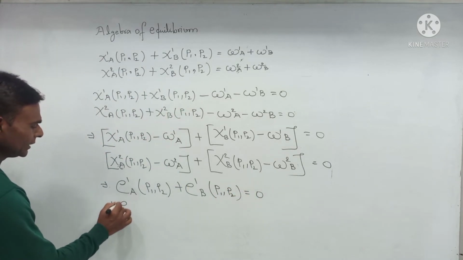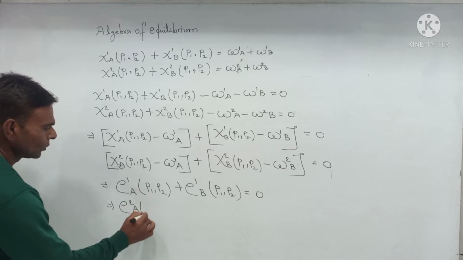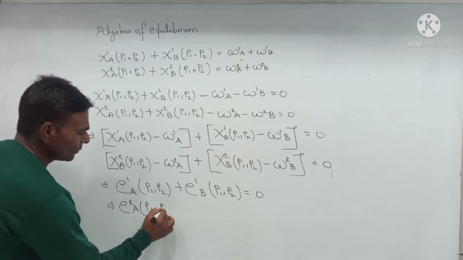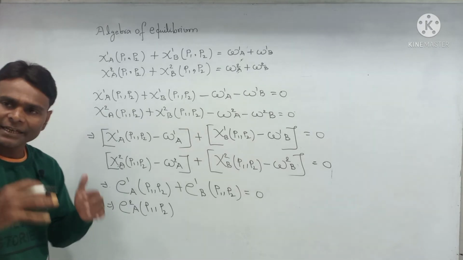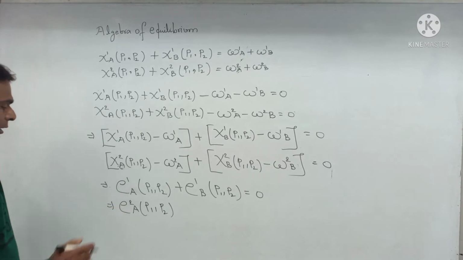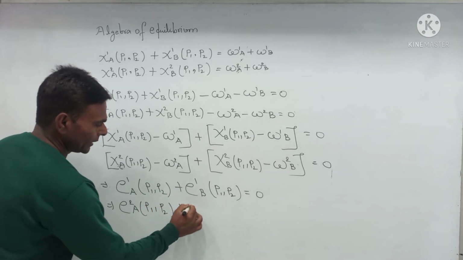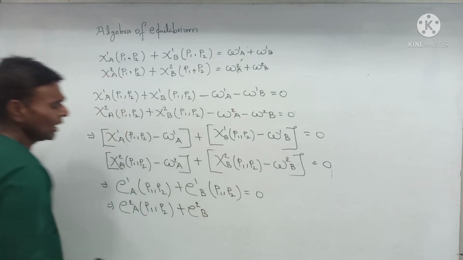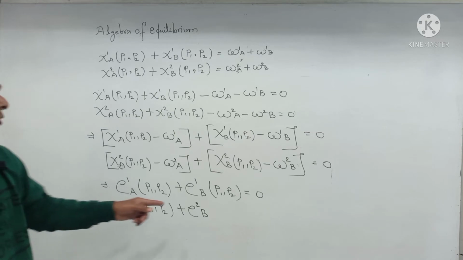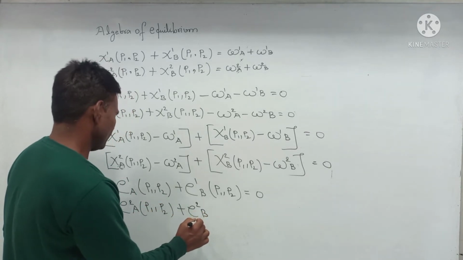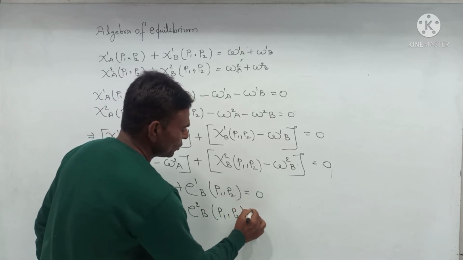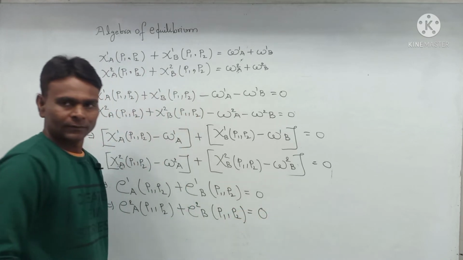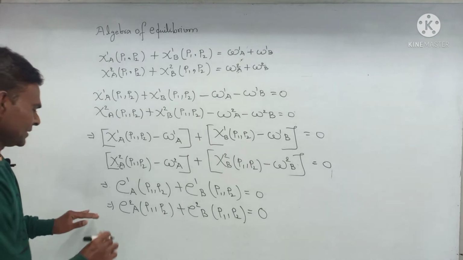And E2A, a function of P1 P2, is the excess demand, that is the net demand of goods 2 for person A, and E2B is the excess demand, net demand of goods 2 for person B, which is a function of P1 P2, because there is no introduction of money as a medium of exchange in this.